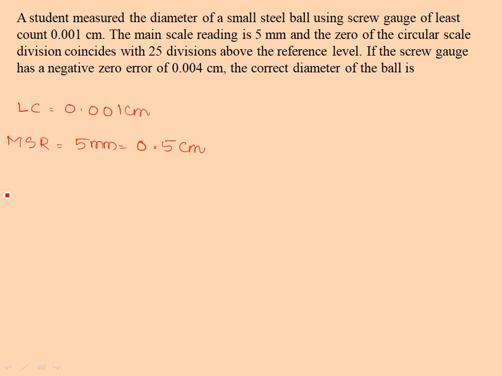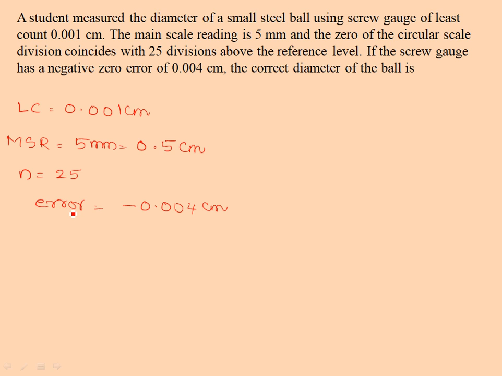And 0 of the circular division coincides with the 25 divisions above the reference line, so that it is above our reference line. So number of lines that are above our reference line is 25, and the screw gauge is having a negative zero error, so that zero error is negative. We are having a negative error of minus 0.004 centimeters. That means we have to make a positive correction. We have to add this.